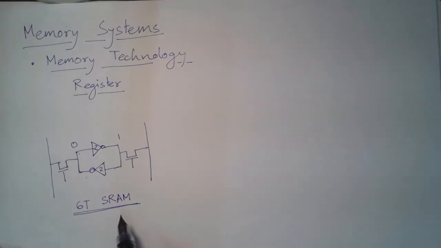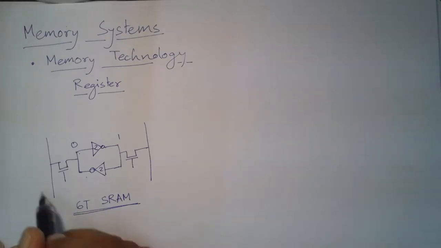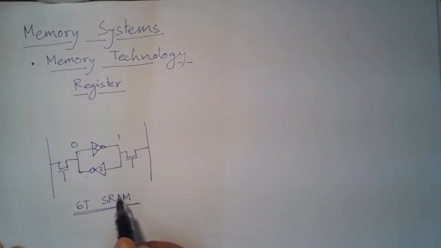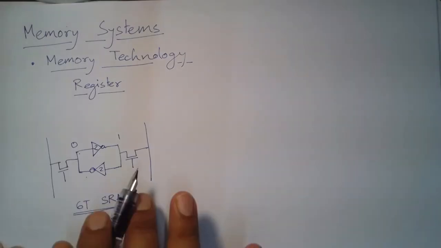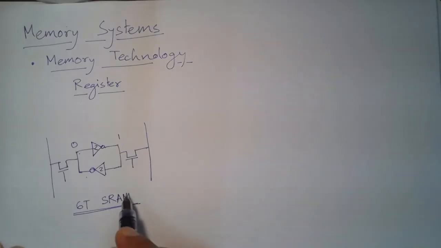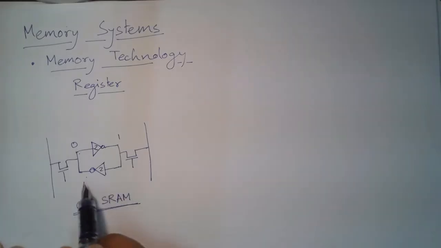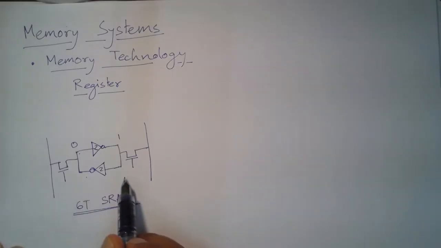So, now the advantage of 6T SRAM is that the number of transistors required is not very high, because for storing 1 bit you are needing 6 transistors, which is reasonably good, and also accessing, reading and writing the SRAM is relatively faster.